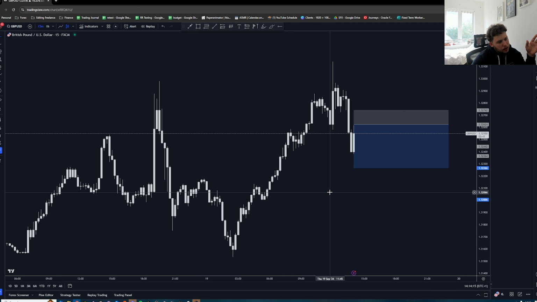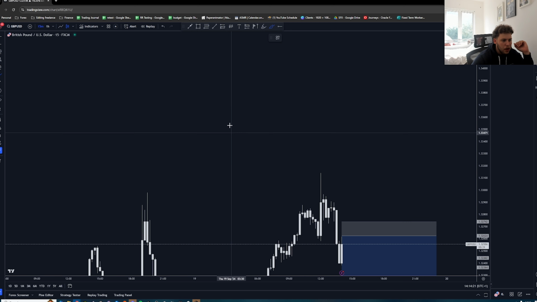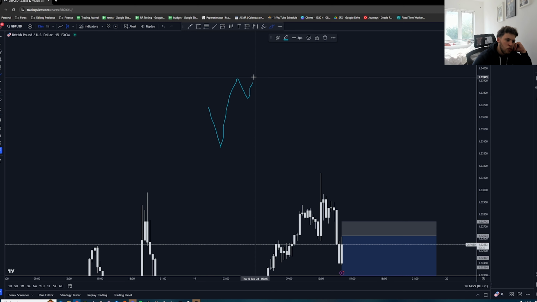Now, another thing that people mess up with on structure is they rush into it. So, for example, people will see a push down, a push up, a push down, a push up, and they will try and sell here. Their main reason may be that it failed to break the high.